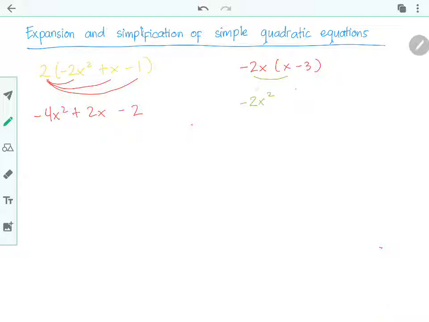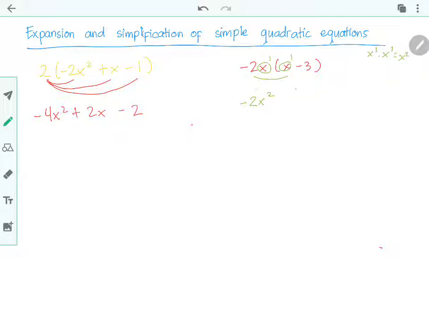Remember, you're supposed to learn this in grade 7: when you have two same variables multiplied by each other, you just need to add the exponent. There is no exponent here, so this actually represents x to the power of 1, and this one is x to the power of 1. x to the power of 1 times x to the power of 1 equals x to the power of 2.